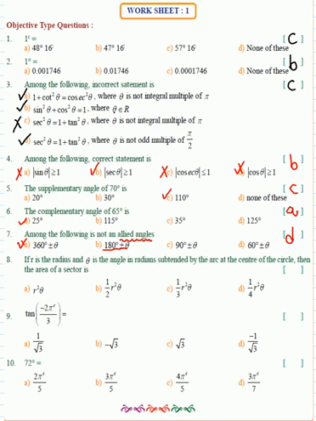If r is the radius and theta is the angle in radians subtended by an arc at the center of the circle, then the length of the arc is equal to r into theta. Here theta should be expressed in radians. So theta is equal to L by r.